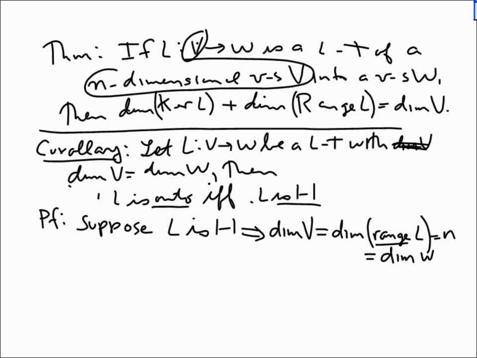The dimension of the range and the dimension of W are the same. They both equal n. So L is onto. They can have different dimensions and be onto, but for this, the dimension of V and W must be the same.